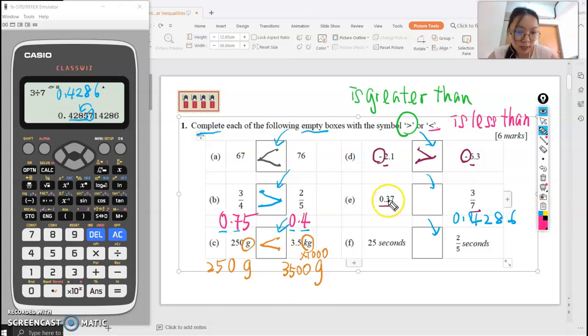So I compare 小数点的后面，哦，4比较大，3比较小，连起来 lesser than. Same applies to the bottom one.